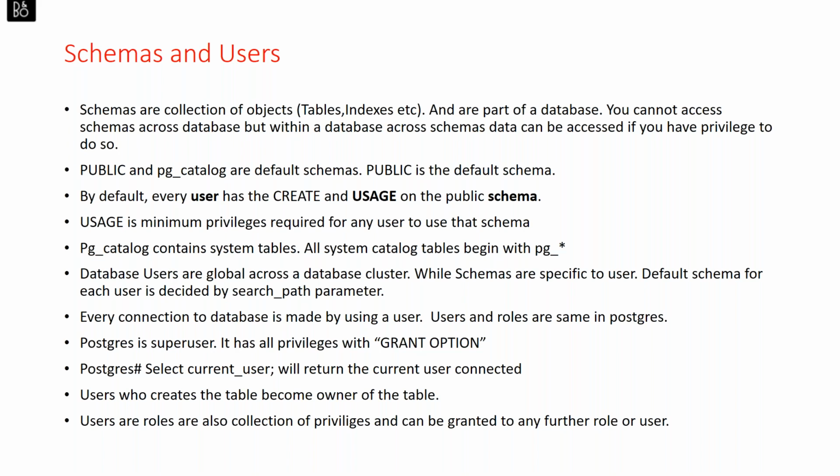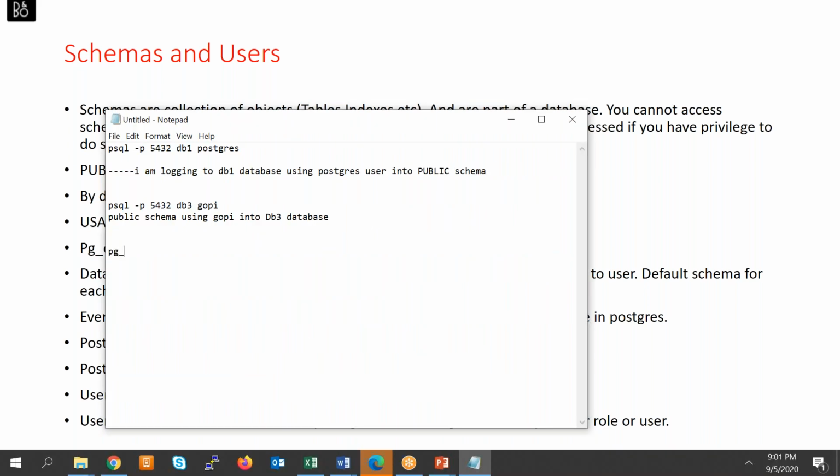PG catalog contains system tables. All system tables begin with PG underscore. We have seen PG underscore database, PG underscore tablespace. This is cluster metadata.